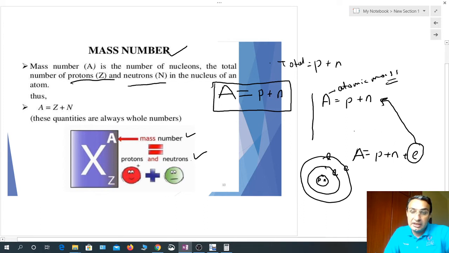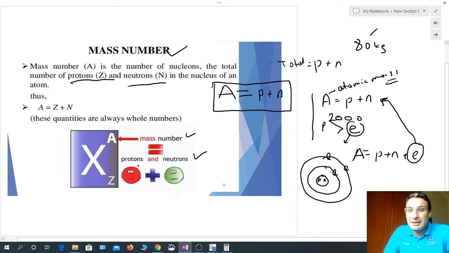Actually, as we studied in our previous class, one proton is almost 2000 times heavier than one electron. It means that the mass of an electron is almost negligible compared to the mass of protons and neutrons. Suppose I am like 80 kilograms.